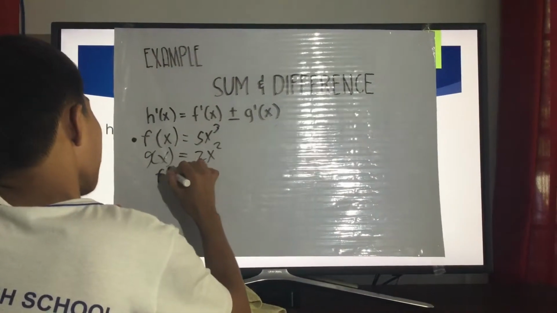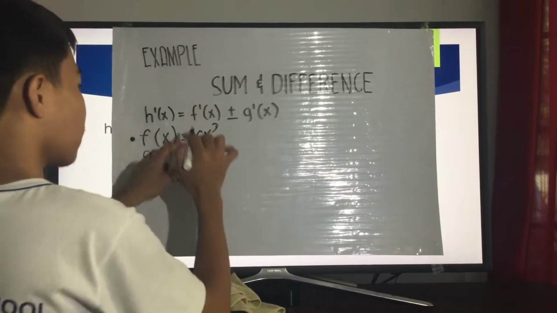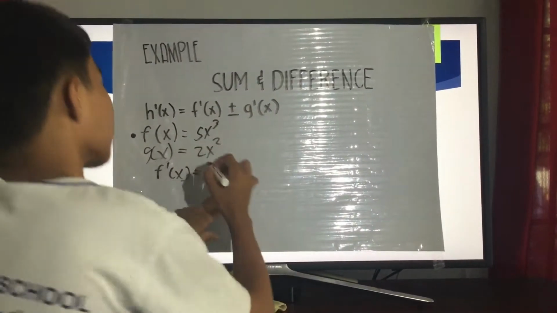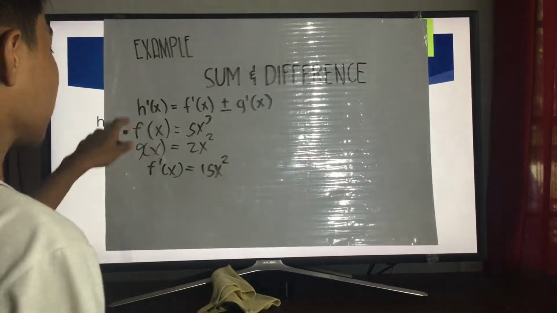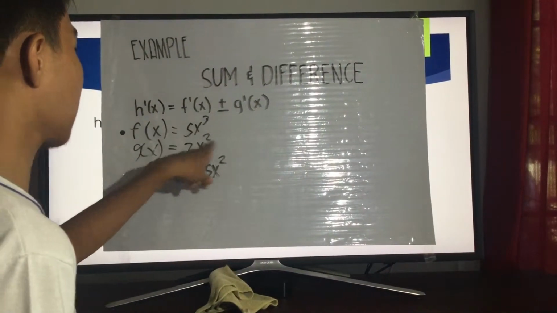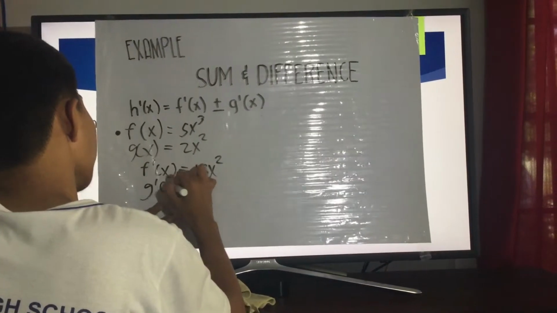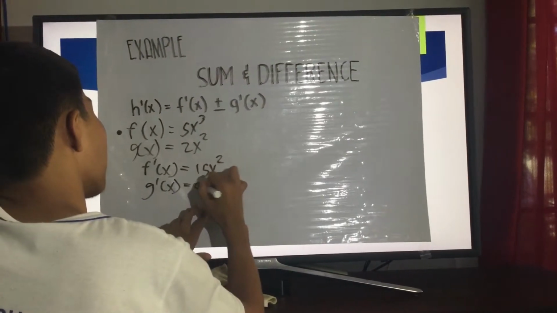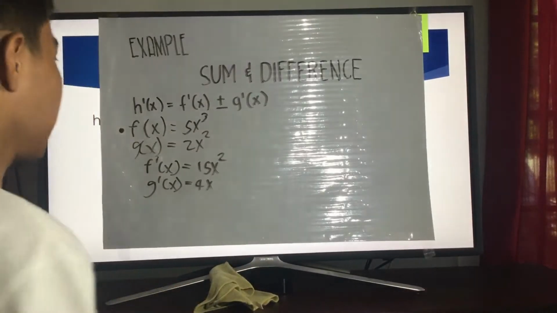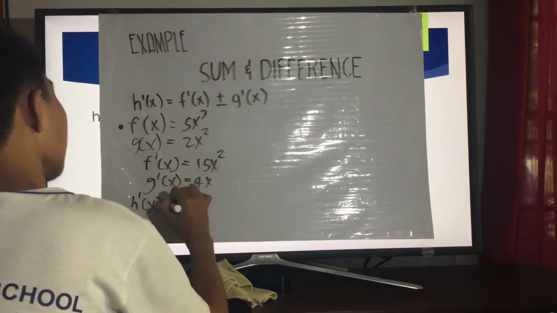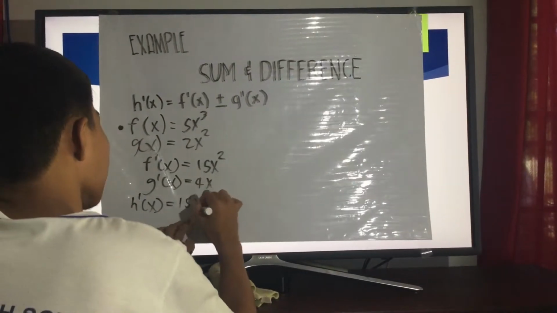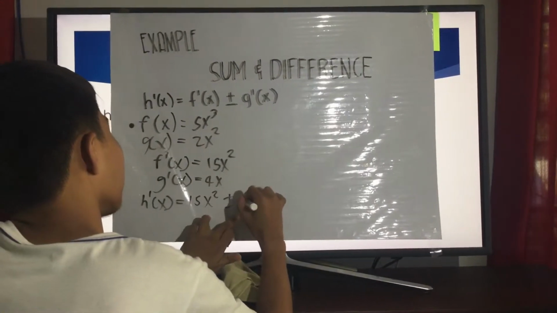So f prime of x is equals to derivative of 5x cubed is equals to 15x squared. So get the derivative of g of x. We have g prime of x is equals to 4x. Then proceed. So h prime of x is equals to 15x squared plus minus 4x.